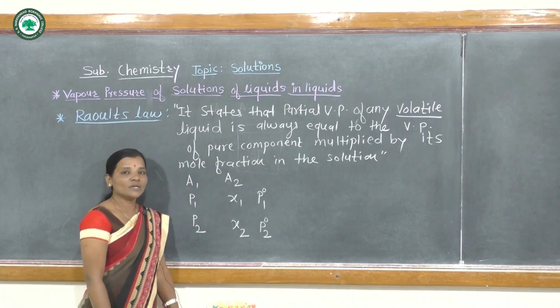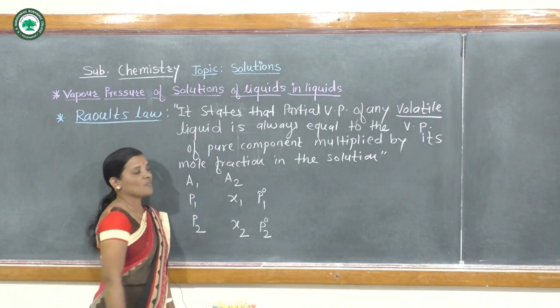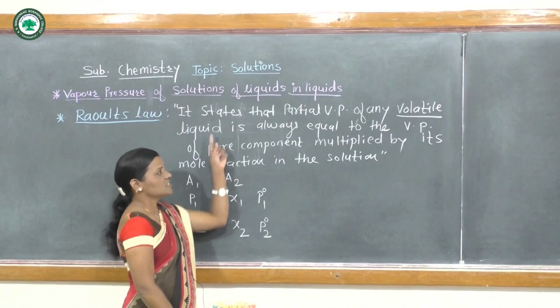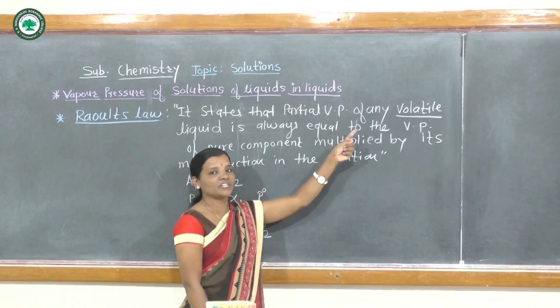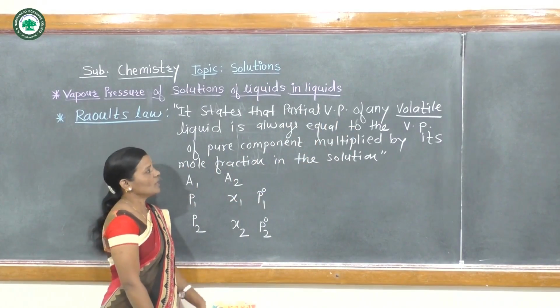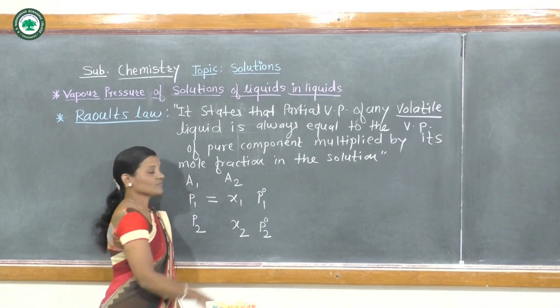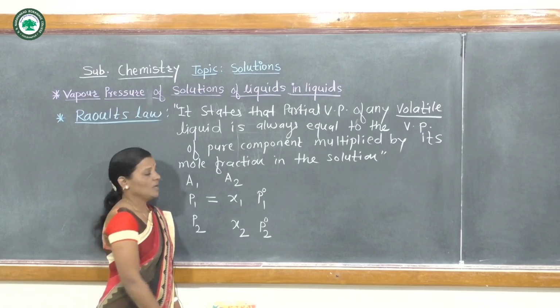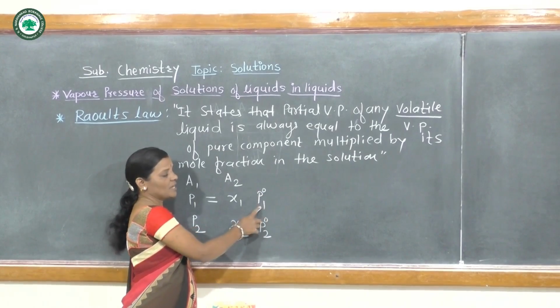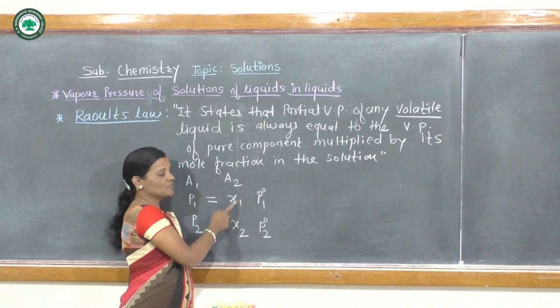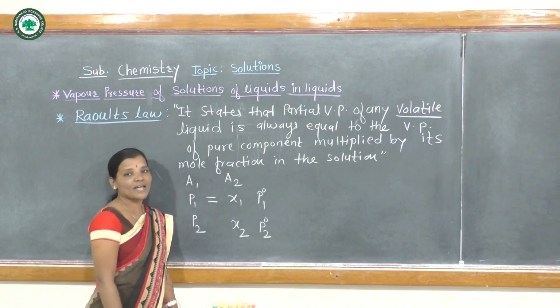According to Raoult's law, partial vapor pressure of any volatile liquid is always equal to the vapor pressure of that pure component multiplied by its mole fraction.